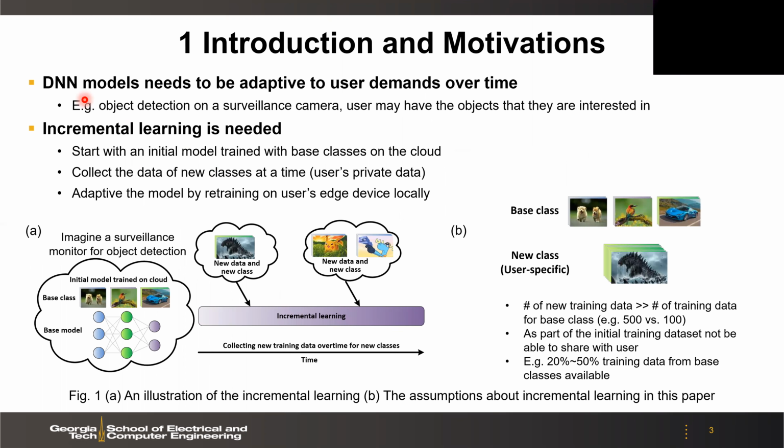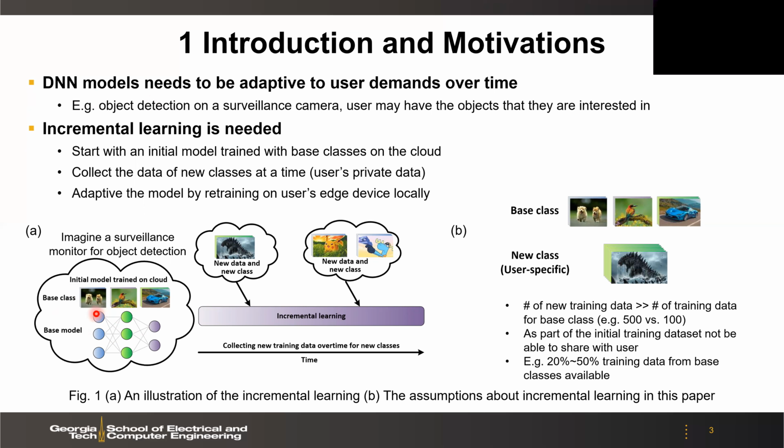The motivation for this work is that the DNN model needs to be adaptive to users' demands over time. For example, imagine there is a surveillance monitor using a DNN model for object detection. Initially, the DNN model is trained on the cloud, and it can detect the object classes in the training dataset.